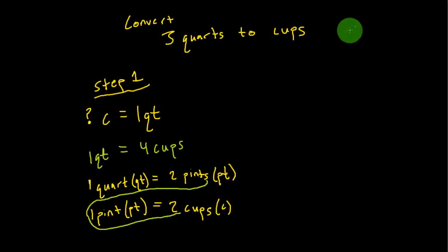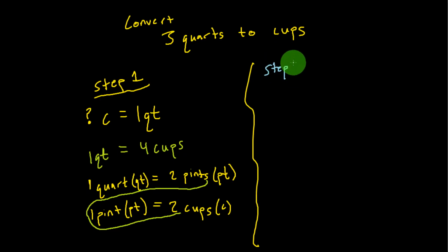Okay, we're done with step 1. Let's move on to step 2. I'm just going to create a little bit of a divider. Now we're on step 2, which is to set up a blank proportion. So I've got this stuff is equivalent to this stuff. Let's set up this proportion so that we write it as we read it. I see quarts come first, followed by cups.